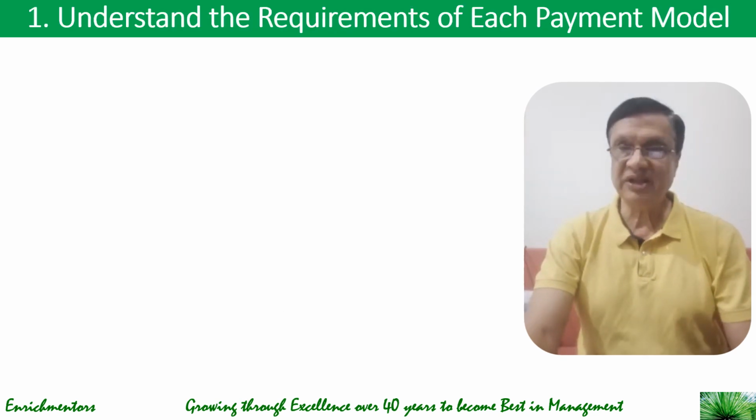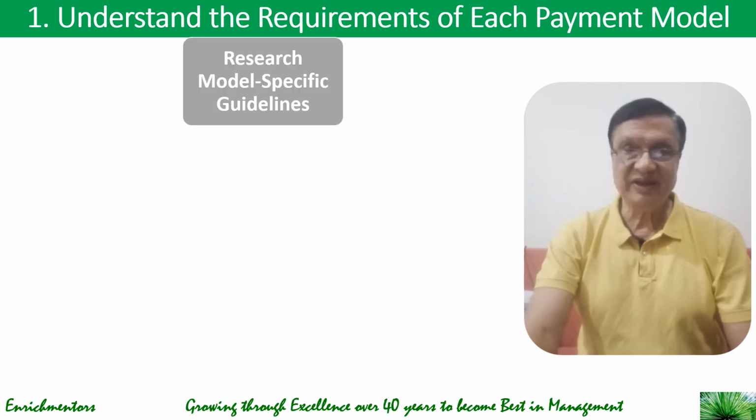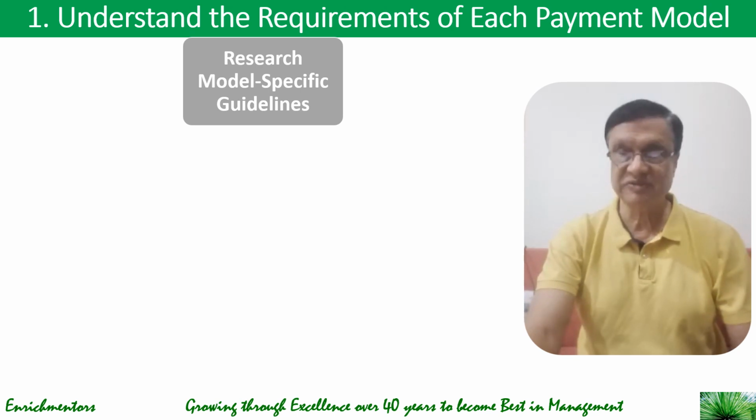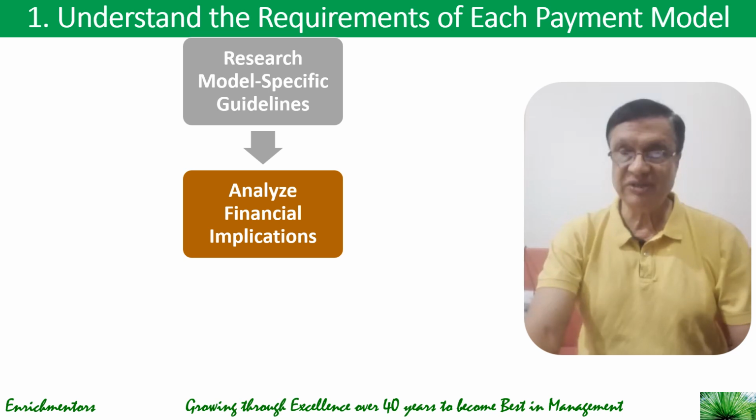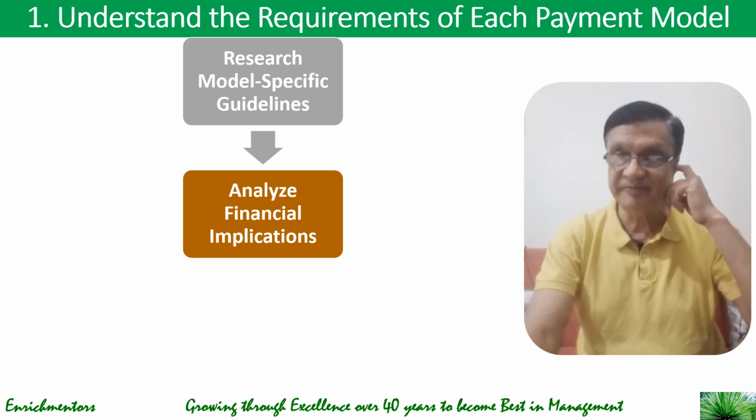First is to understand the requirement of each payment model. How can you do that? You need to familiarize your team with the guidelines of different payment models, such as Medicare's bundle payment requirements or shared savings requirements in ACOs. So research model-specific guidelines. Then you need to analyze financial implications by reviewing how each model affects the revenue stream.